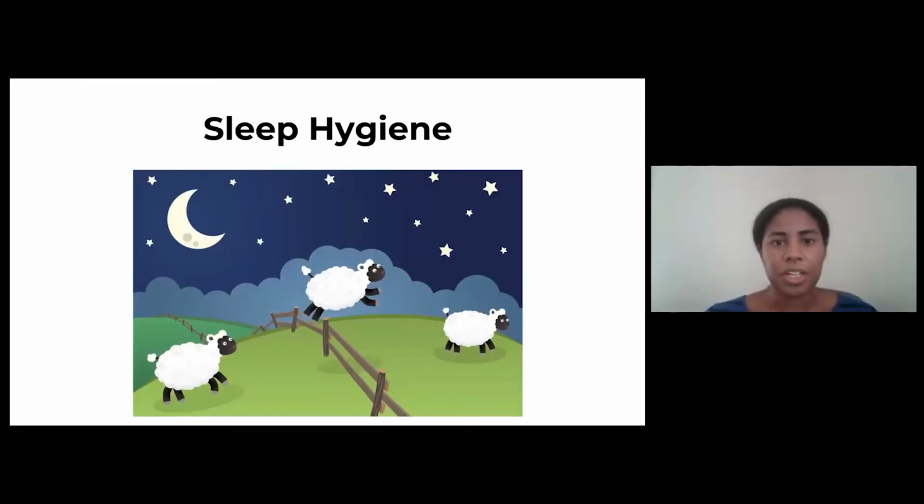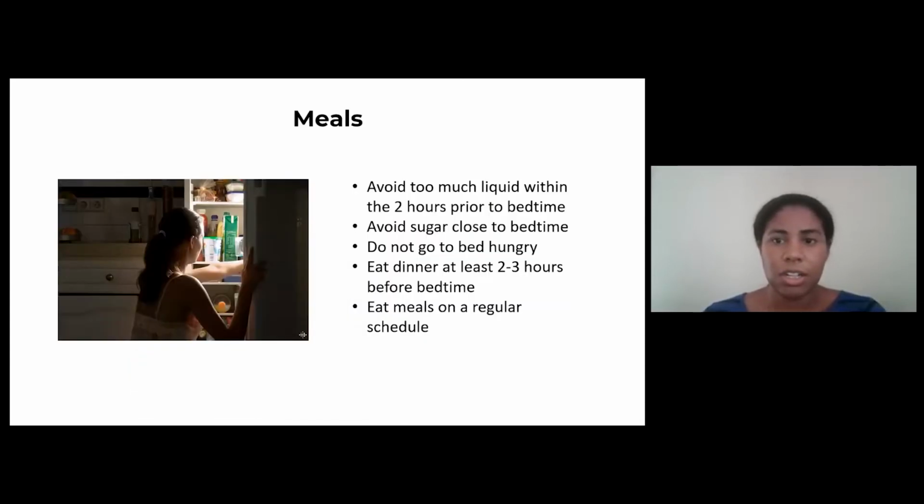So now I want to cover a bit about sleep hygiene. So start with meals. One of the things to think about, which you hear about much more with younger children but I think is still relevant for adults, is that you do want to avoid having a lot of liquid within the 2 hours prior to bedtime.